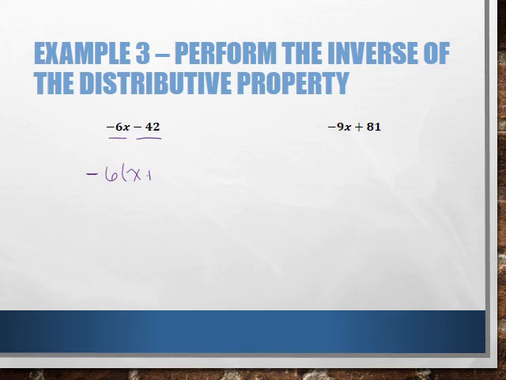And I would be left with a positive 7 for the second number, because I pulled out a negative 6, and a negative divided by a negative gives me a positive. And if I look at it and distribute, I'm going to see that I actually end up with negative 6x minus 42.